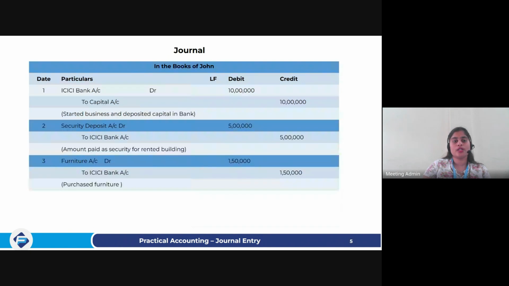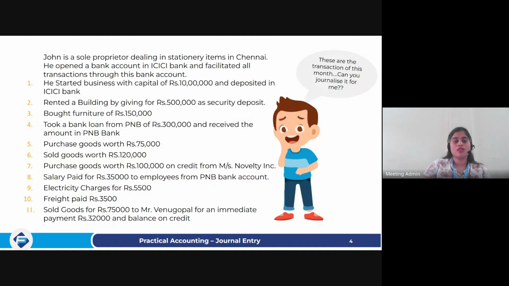So let us see the next transaction. Sold goods worth rupees 1,20,000. What is the journal entry for this? Expenses and all will come under the debit. Incomes and all will come under the credit. Now tell me the transaction for that.